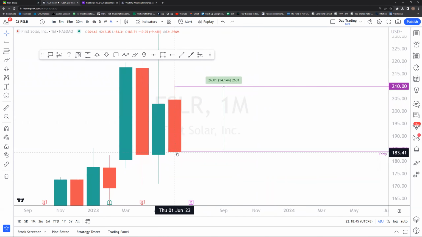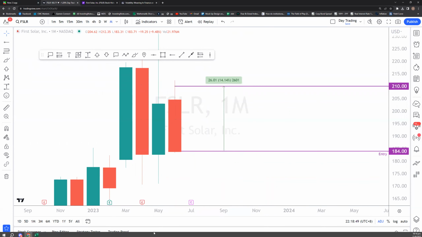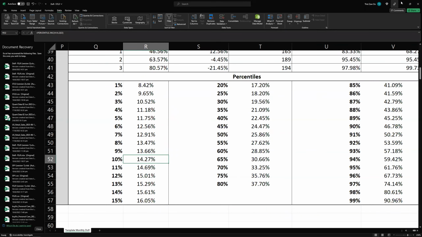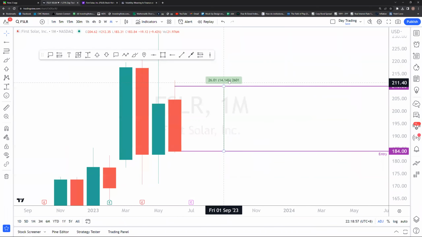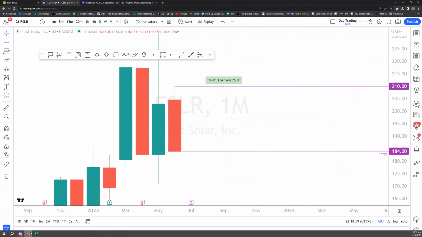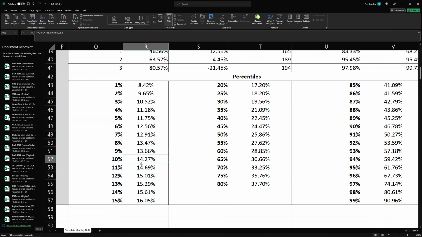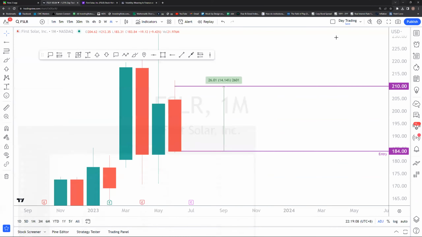If I enter here, in the next 30 days, First Solar needs to close below 14%. Okay, so now let's take a look at 14%. 14% is here, 14.27, which is nearer. This is 14.14. So there's only 10% chance of us hitting this now. There's only 10% chance that we will hit this from a close to close perspective.